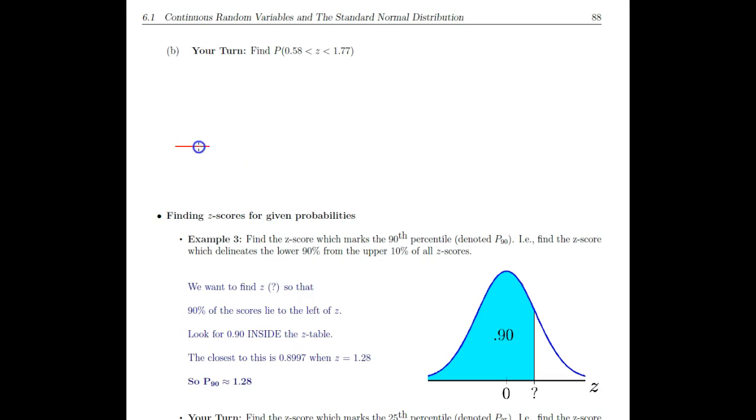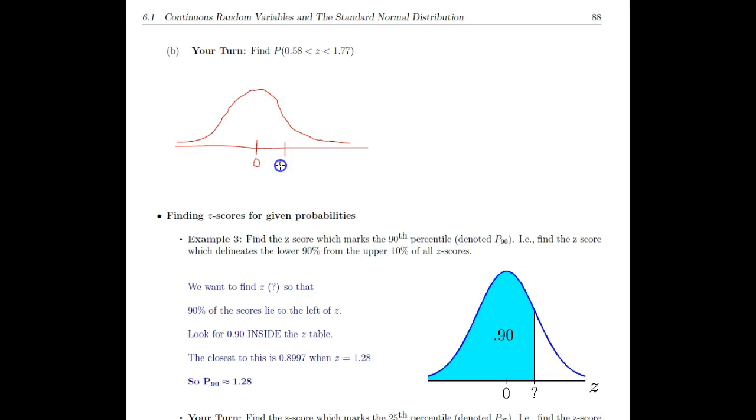Okay, so first we're going to start by drawing a curve. Very nice looking curve there. And we're going to mark all of our important things. So I always mark 0. Then I'm going to mark z equals 0.58. And this does not have to be very accurate.